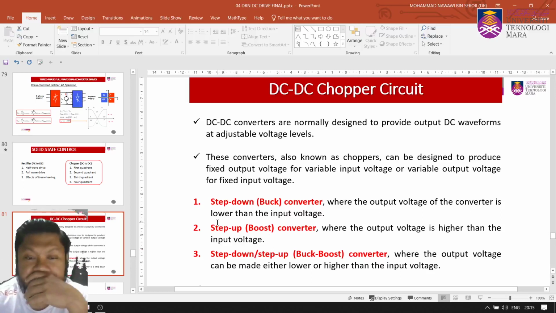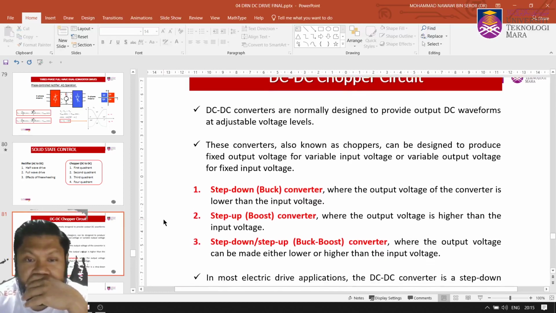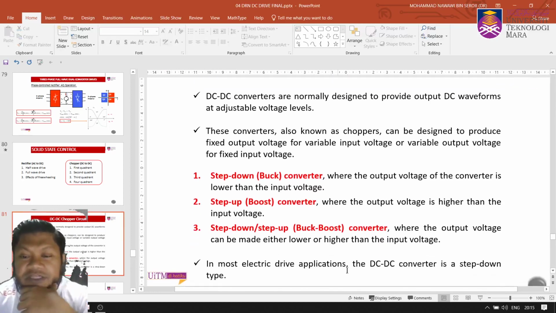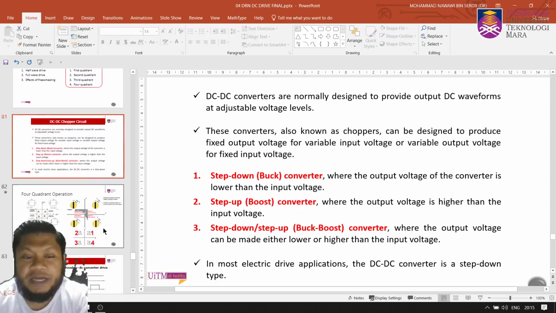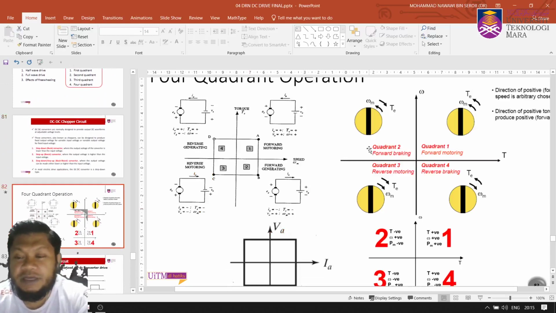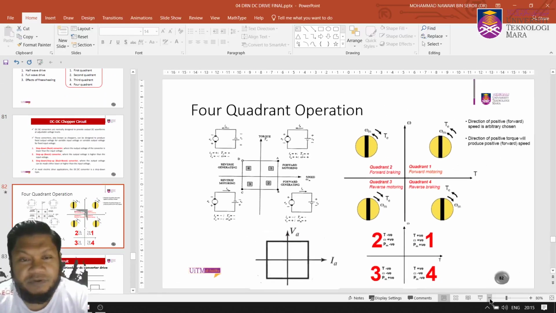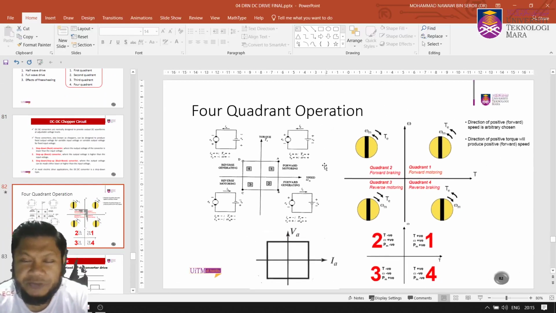Next, in most electric drive applications, the DC converter is a step down, so you use the buck converter. So we're going to look at the buck converter circuit and how the speed control can be done. Again, we're going to look into the 4 quadrant operation. If you have torque versus speed, then it will be 1, 2, 3, 4.